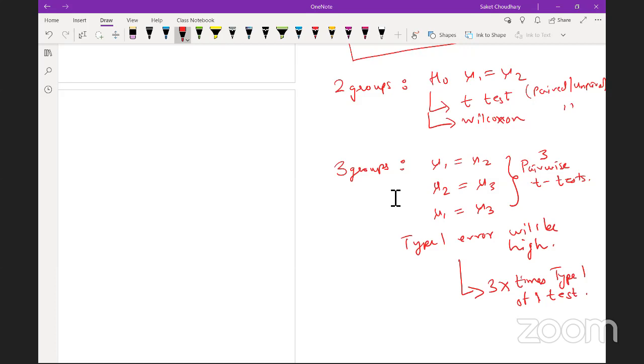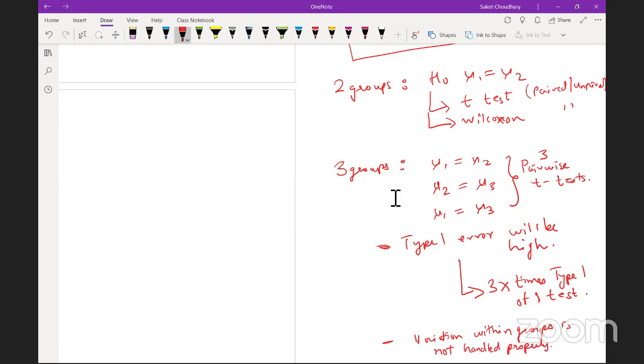So the reason we are doing a new analysis is because we have multiple groups. We are interested in finding out if the means of all the groups are the same or not. So one strategy would have been to do a pairwise t-test, but the problem with pairwise t-tests is, number one, an inflated type 1 error rate, and number two, the variation within groups is not handled properly.